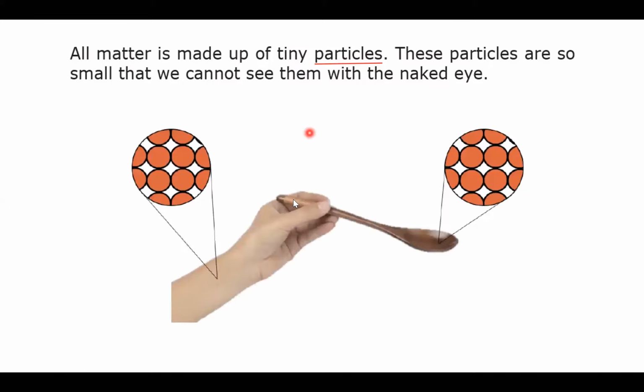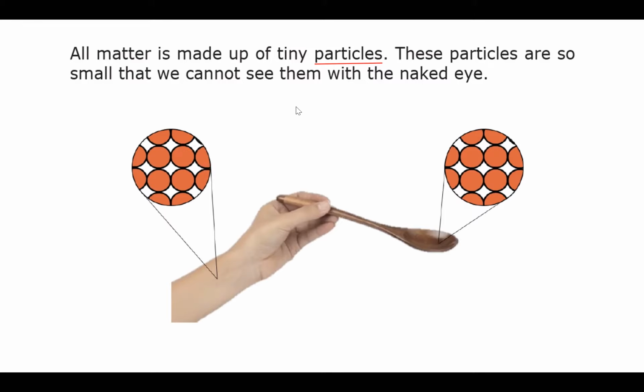All matter is made out of tiny particles. So these things are called particles. These particles are so small that we cannot see them with the naked eye. So if you zoom in to all objects in this world, if you really zoom in beyond the microscopic level, they are actually made out of these tiny balls, and these balls are what we call particles.